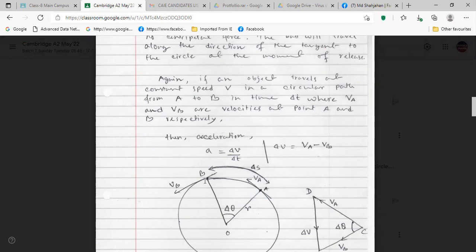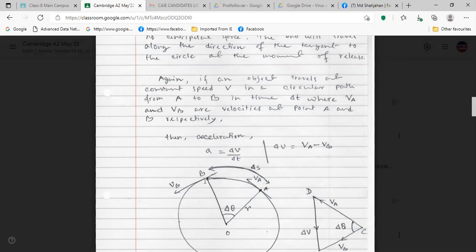And to travel from A to B, we need some time, right? Yes, sir. That time we are thinking very small time, as we are traveling from A to B, the path is very small. That's why we are considering the time is also very small.